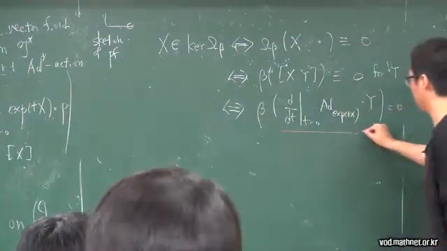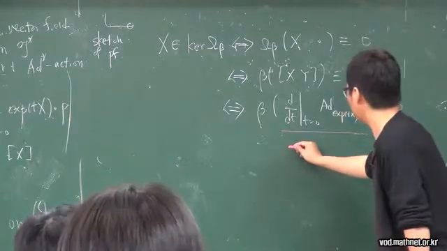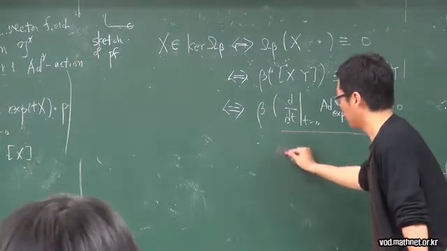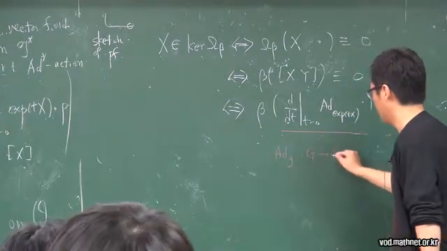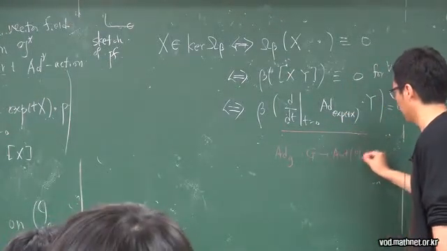The adjoint action of G is a map from G to the automorphisms of the Lie algebra.